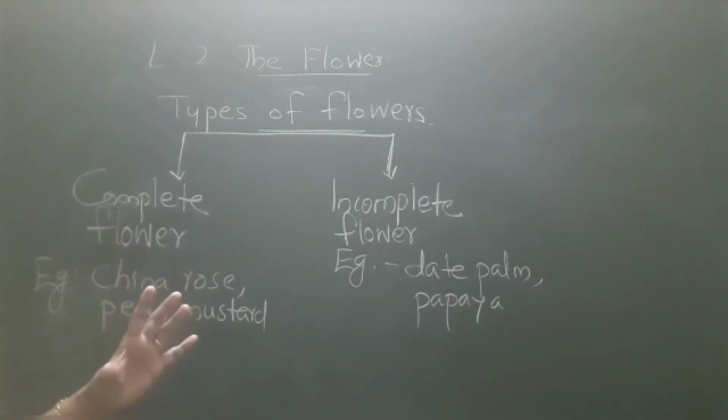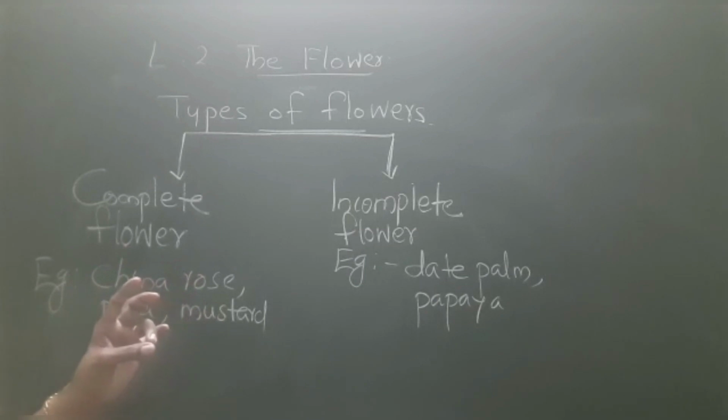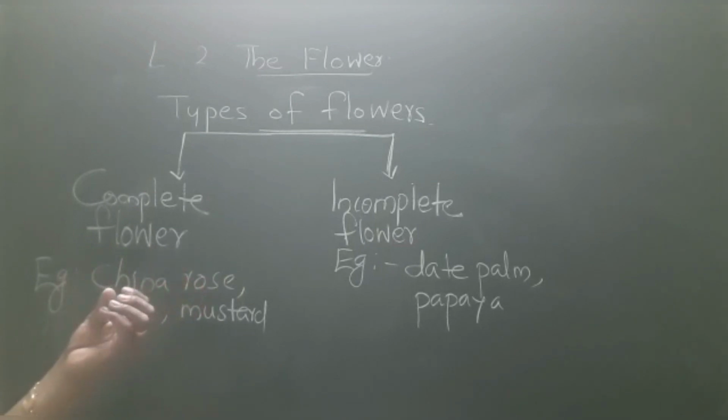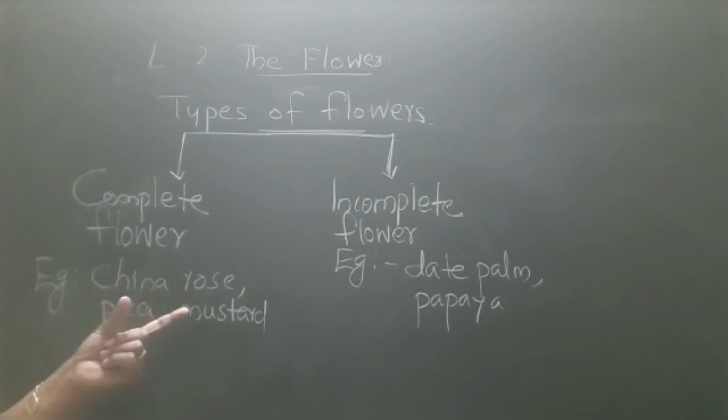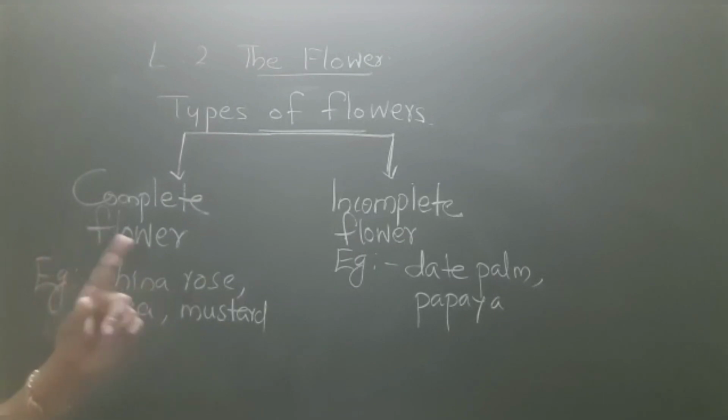I already told you what is calyx. Sepals collectively are called calyx. Petals collectively are called corolla. Then come stamens. Stamen is the male reproductive part of the flower. Stamens are collectively called androecium.